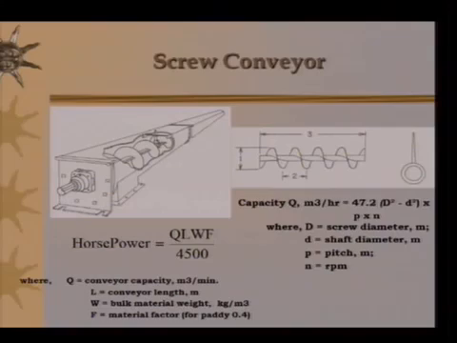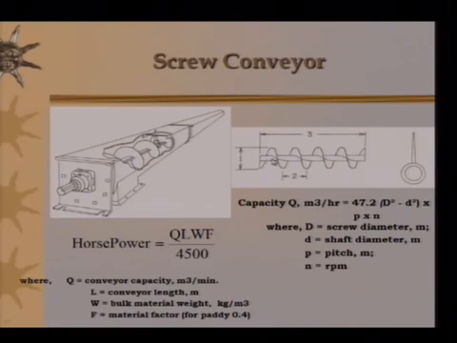Now coming to the screw conveyor, if you see here, this is nothing but a screw conveyor. A screw conveyor comprises a central shaft, and on this shaft the flights are arranged. All this assembly is housed in a trough, and it has a feed chute here and a discharge one.